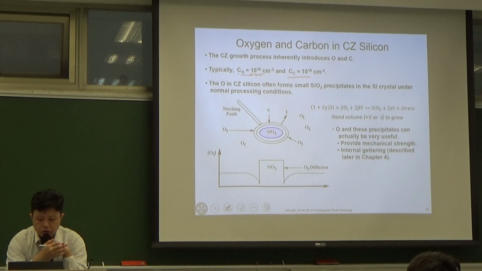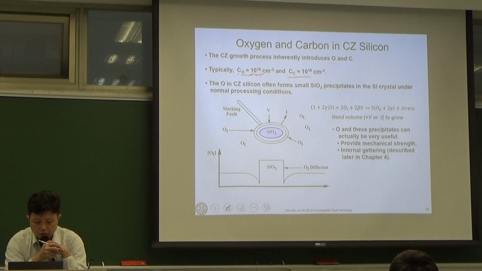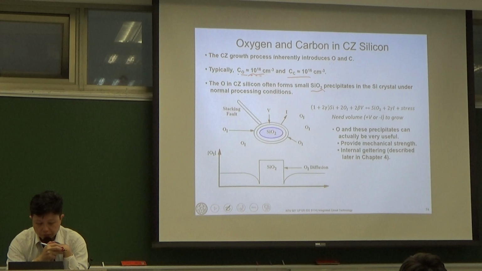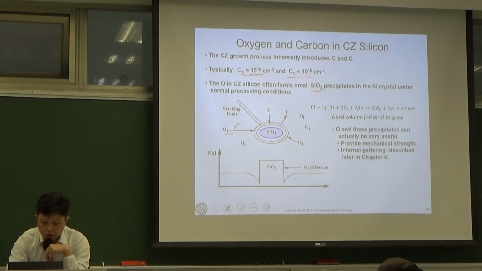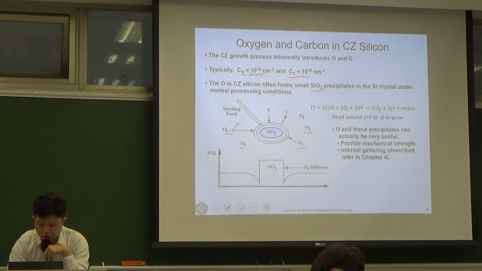So this one, 10 to 18, is quite significant already. So it often will precipitate to form small silicon dioxide in your crystal. Like for example, here we have this oxygen, which is the interstitial state oxygen, that will precipitate.